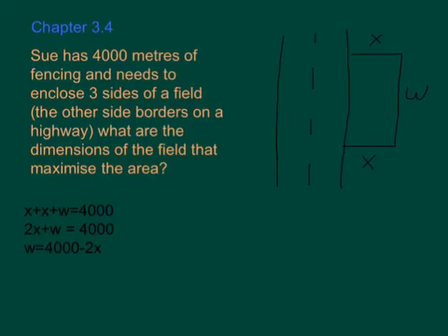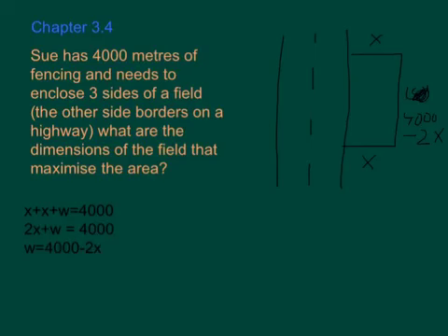Okay, copy this down with me. I want you to copy out this drawing as well. So now instead of W, we can write 4,000 minus 2x.